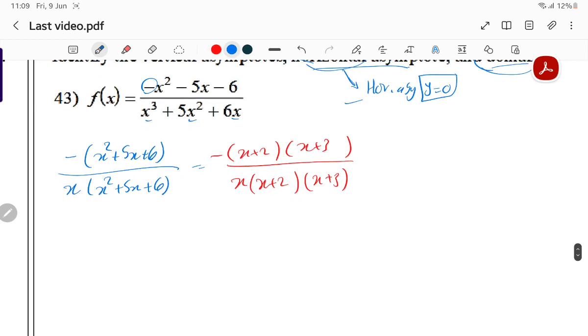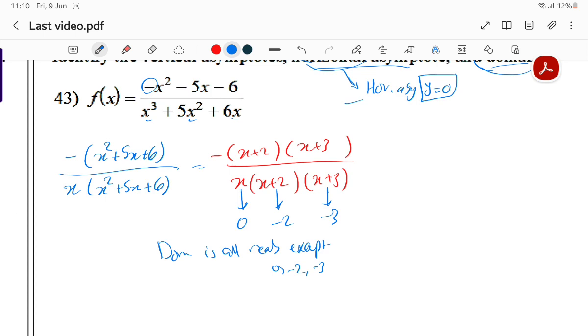Now to find the domain, this gives 0, -2, -3. So the domain is all reals except 0, -2, -3, because we cannot substitute by a value that gives 0. It's unacceptable to divide by 0.